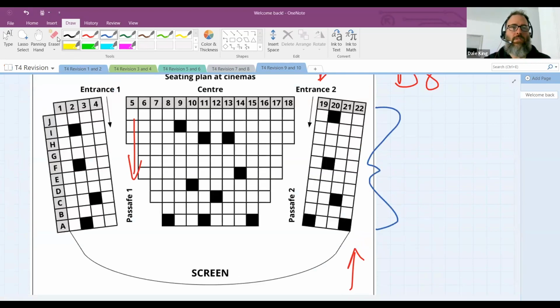Let's see who can do it fastest. How many seats are available there? Don't guess. The ones that are colored in black are not available. The rest are available. How many seats are available?